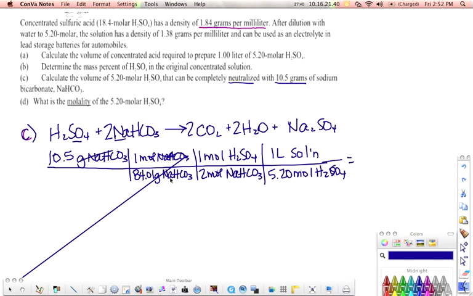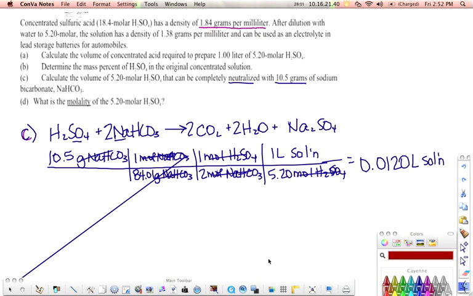Alright, so grams of NaHCO3 cancel out, the moles cancel, moles of H2SO4 cancel, we're left with liters of solution, which is exactly what we want. So plug this into your calculator and you end up with 0.0120 liters of solution.